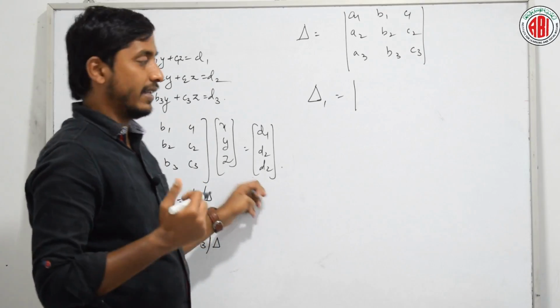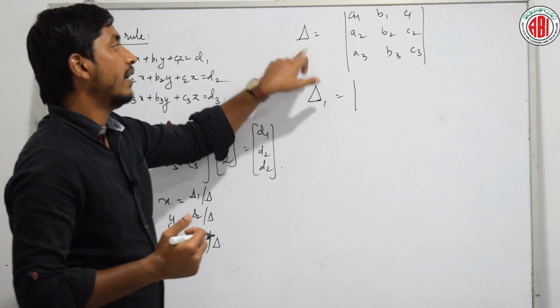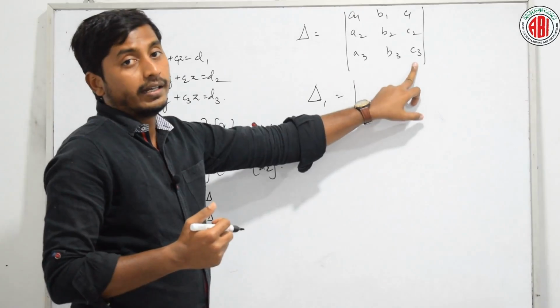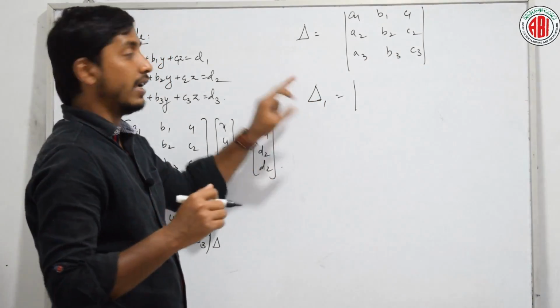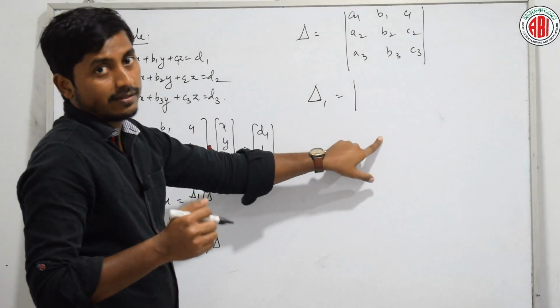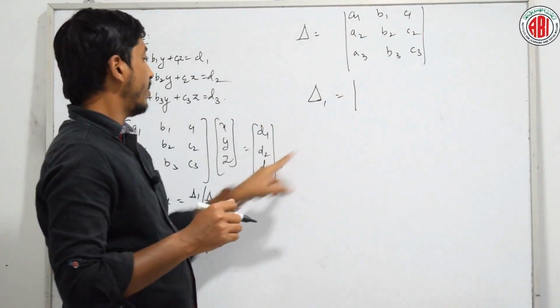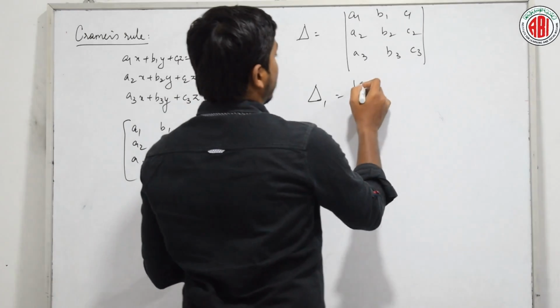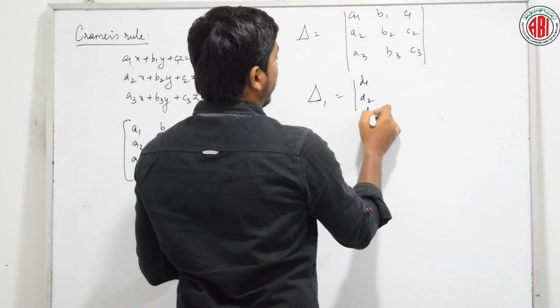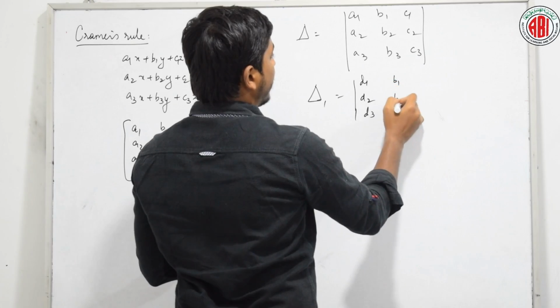Once again let me tell, delta is the determinant of the coefficient matrix, whereas delta 1 is the determinant of a matrix in which the first column is replaced by the constant matrix, that is d1, d2, d3. Remaining all terms will be same.